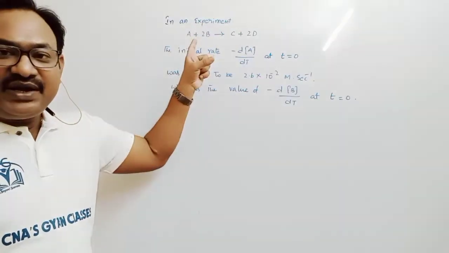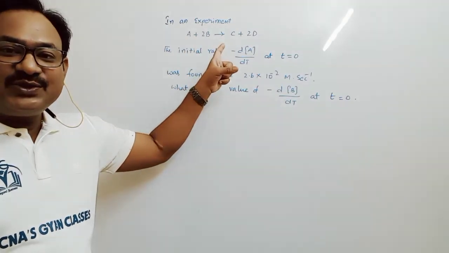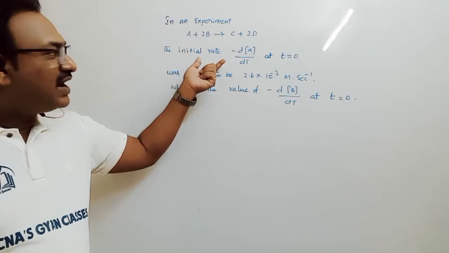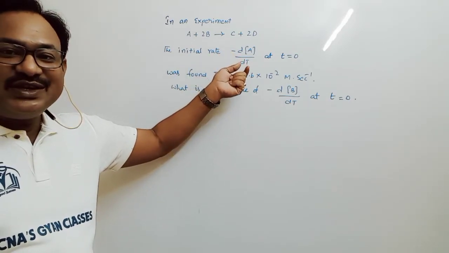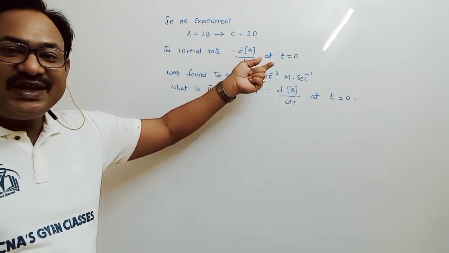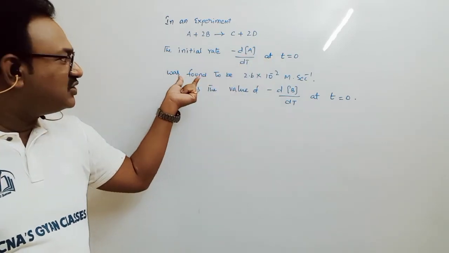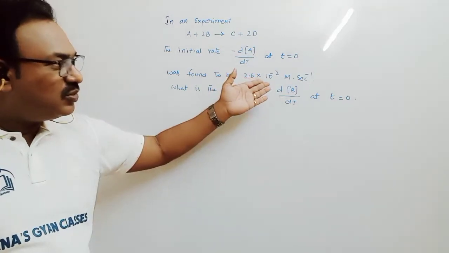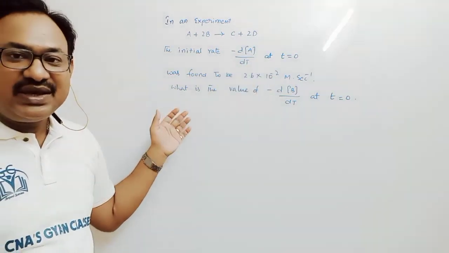In an experiment, A plus 2B gives rise to C plus 2D. The initial rate, minus d concentration of A by dt at t equal to 0, is 2.6 into 10 power minus 2 molarity into second inverse.